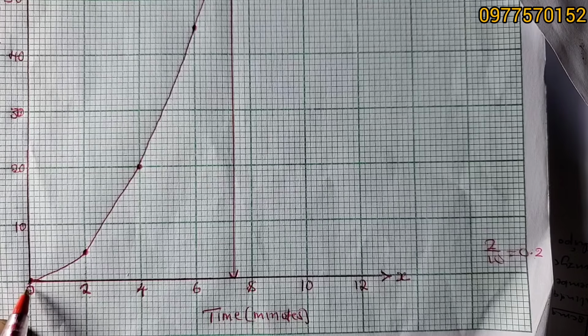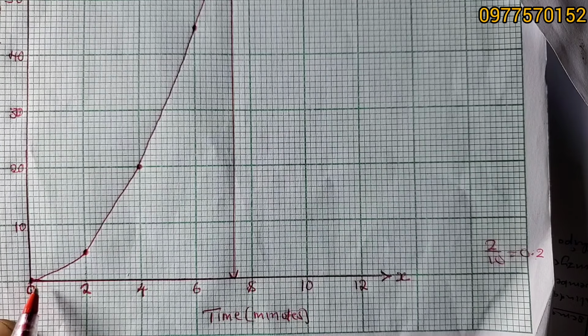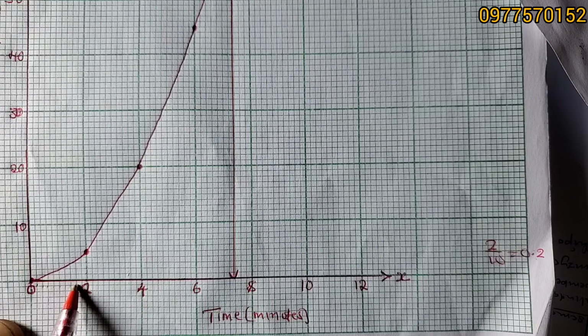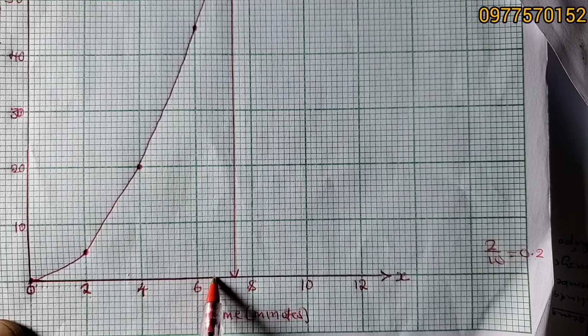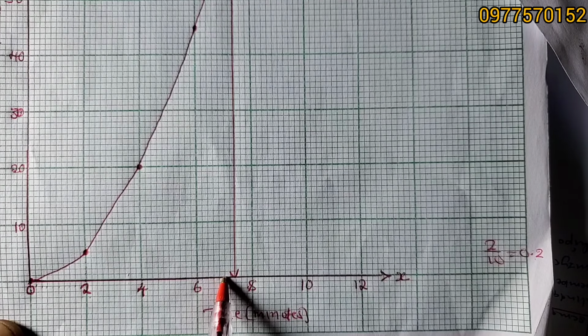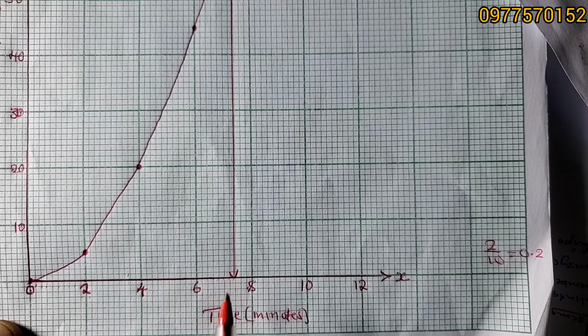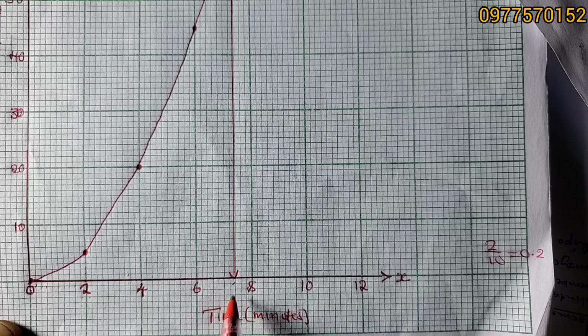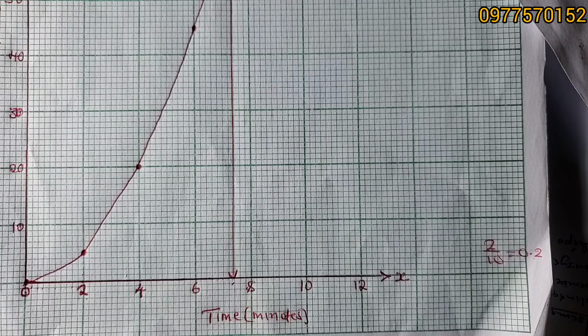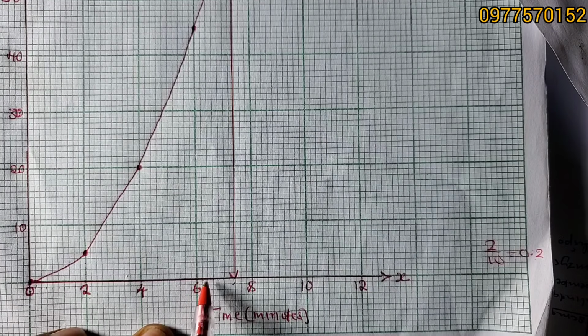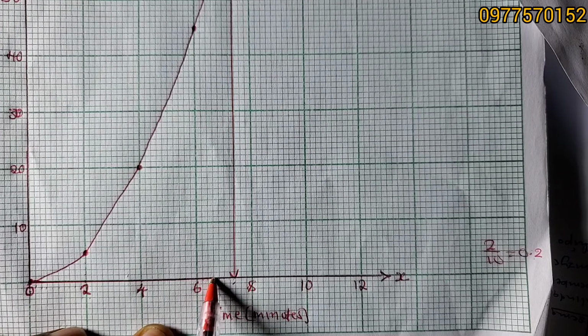So here it is 6. Let me start again: 6, 6.2, 6.4, 6.6, 6.8, 7, 7.2, 7.4.